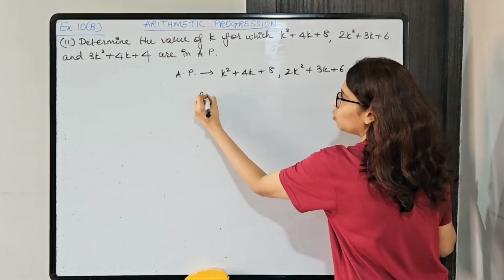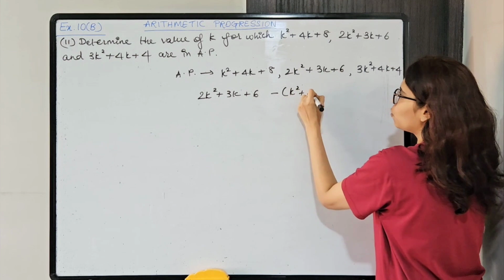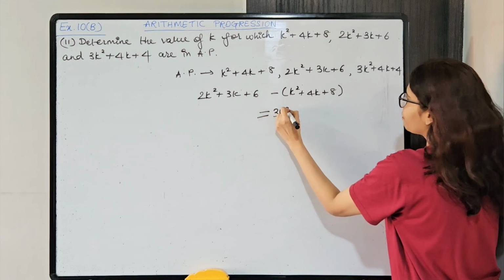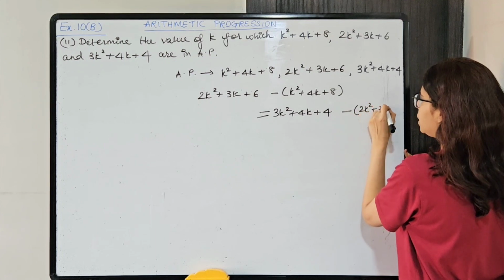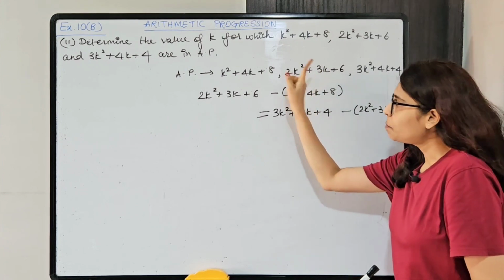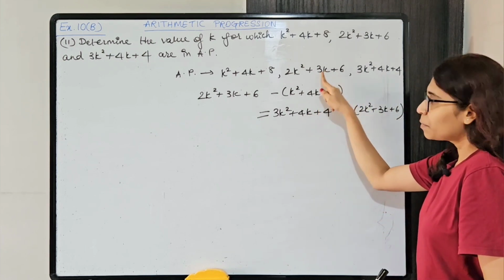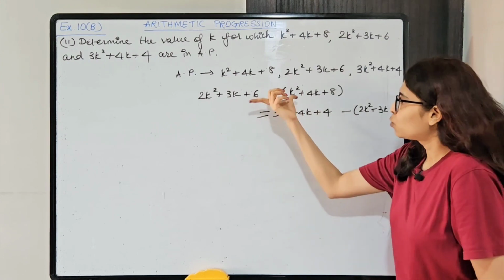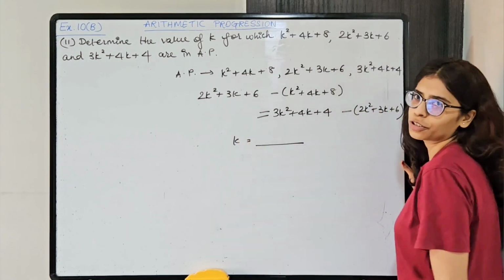So 2k square plus 3k plus 6 minus k square plus 4k plus 8 will be equal to 3k square plus 4k plus 4 minus 2k square plus 3k plus 6. मैंने क्या किया, the succeeding term minus preceding term, that will give common difference. Same way ये succeeding term minus preceding term, that will give common difference. Common difference will be same since they are in AP. So this will be equal to this. Solve करो, solve करके k का value find out करो.